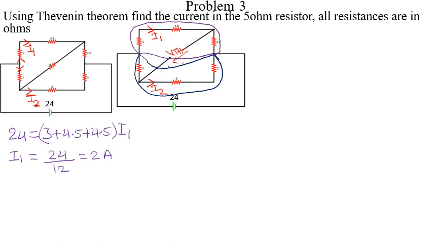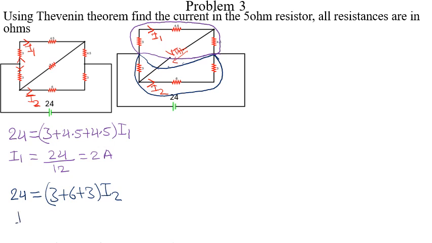And we can also write another equation for this side, starting from here. Then I take this 3, because I2 is flowing through this 3, this 6 and this 3. So I2 flows here from this. So I will say 24 here is equals to 3 plus 6 plus 3 times I2.